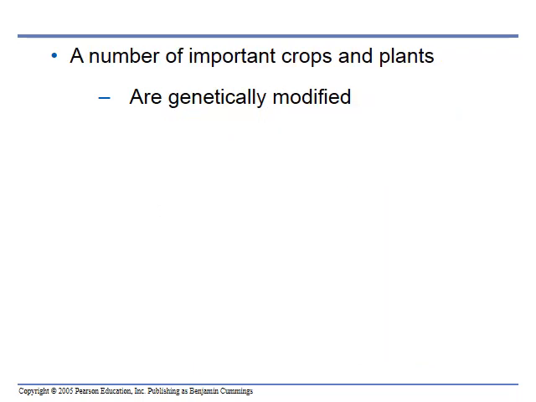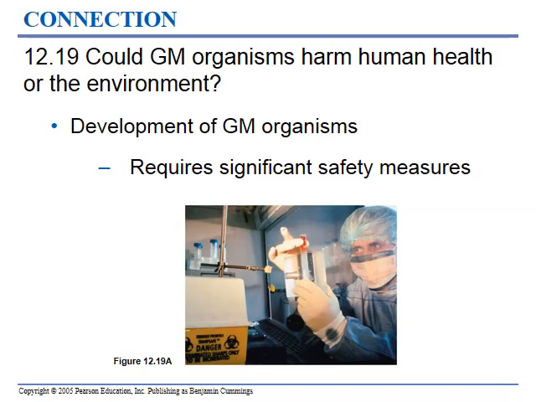Okay. So there are so many important crops and plants that are genetically modified. More than you want to know. So big question: can genetically modified organisms harm human health or the environment? And we try to be good in this country. I'd say other countries aren't as good as us.